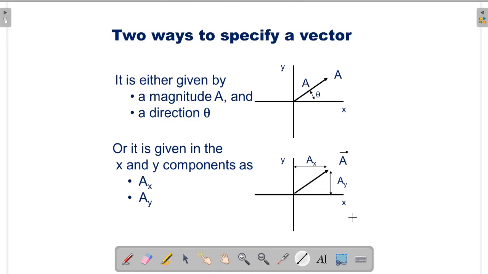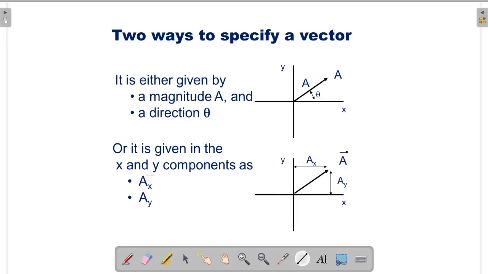Two ways to specify a vector. A is a vector, the origin is here, with the x-axis and y-axis, in a two-dimensional way. A is a vector quantity, the angle of this vector is theta and the magnitude is A. The other way is given by the x and y components along the x-axis and y-axis.